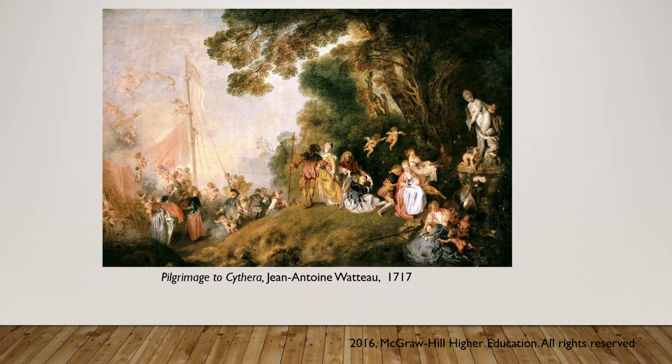Okay, here's another painting, Pilgrimage to Cytherea by Jean-Antoine Watteau from 1717. If you look from over here, you'll see the statue right here has an arm that's pointing this direction.